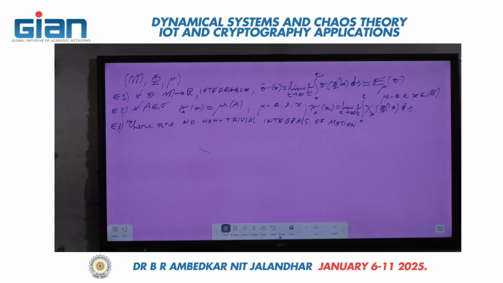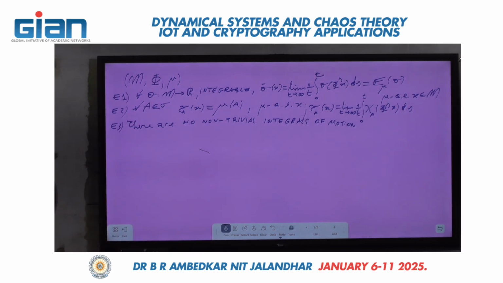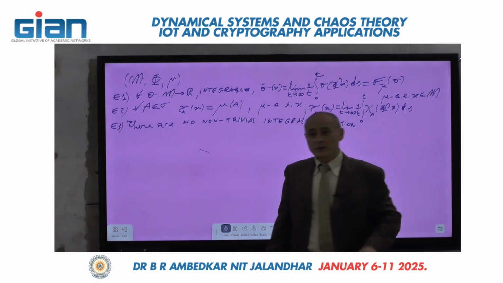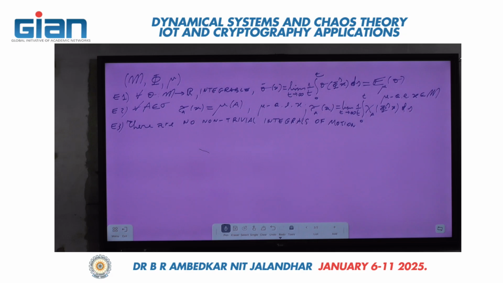It's like if you go on a mountain, they are like level sets. If, rather than climbing the mountain, you go around and remain at the same altitude, then the altitude is a constant of motion. It does not change. Of course, it's not constant because you are going around. But the altitude remains the same.